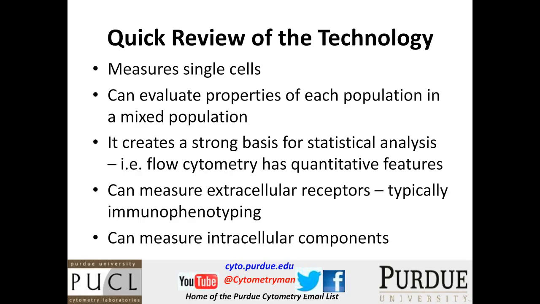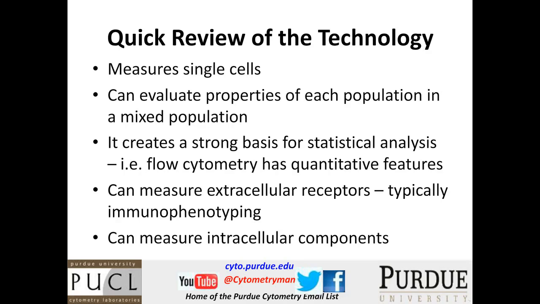Now, the things that you can measure are either extracellular receptors, typically immunophenotyping, or you can measure intracellular components. Look at DNA or other subcellular organelles, or molecules produced in the cell or on the cell.